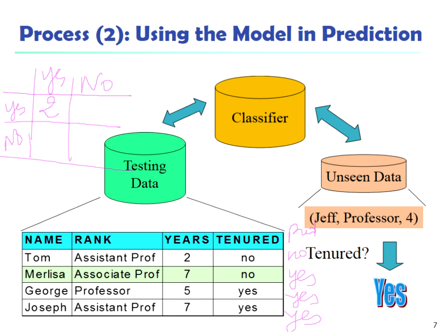So here 2 yes are correct, 0 no, and here there is an error, 1 no, 1 yes, and 1 no. This is the confusion matrix for this model.